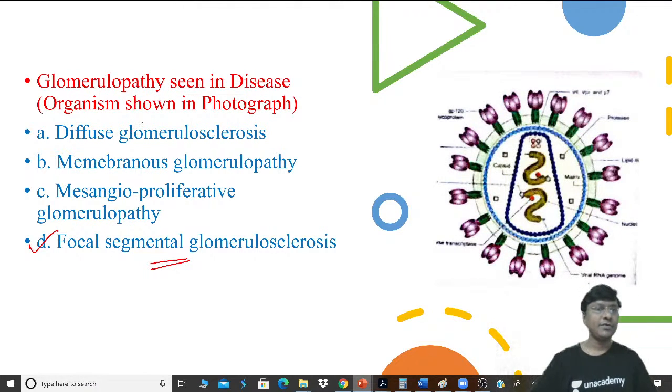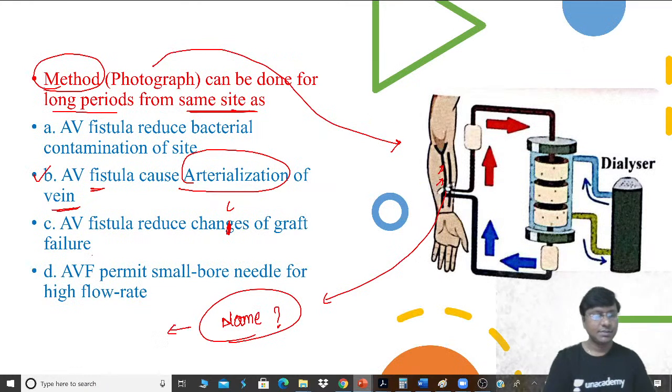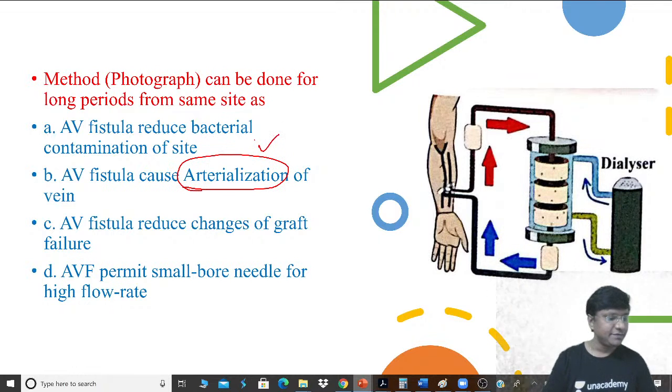Next, the method that is the presence of the fistula. What is the purpose of placing this particular fistula? It is due to arterialization of the vein, and the name of the fistula is Cimino-Brescia fistula.